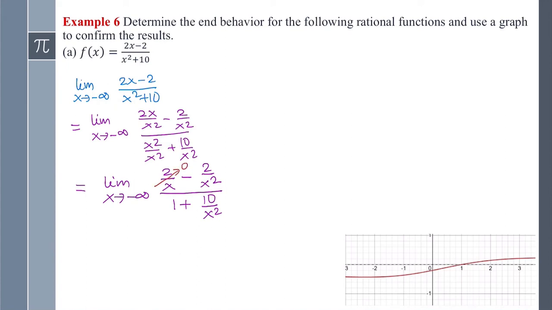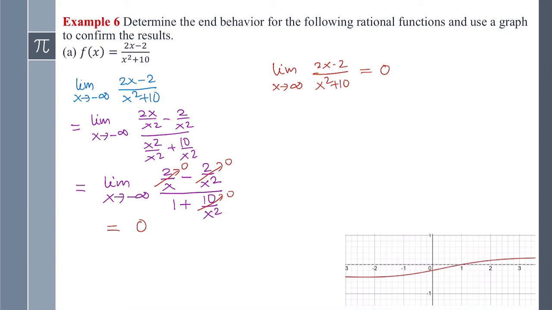This approaches 0, this approaches 0, this approaches 0. So the limit is 0 in the numerator divided by 1, which is 0. Similarly, I'm not going to do that, but if we do the limit as x approaches infinity of 2x minus 2 divided by x squared plus 10, we will get 0.